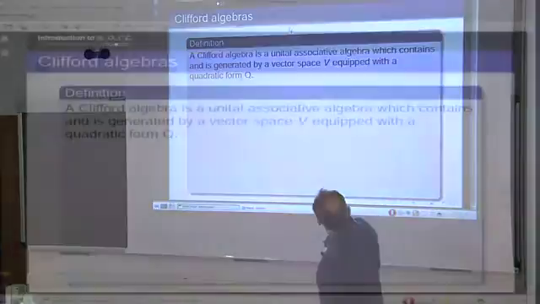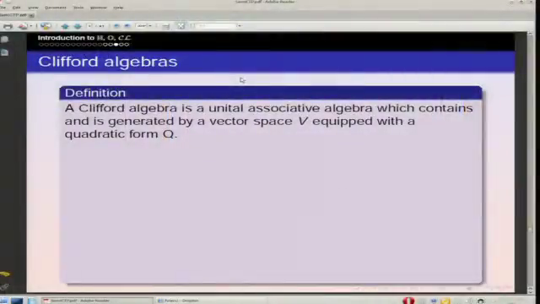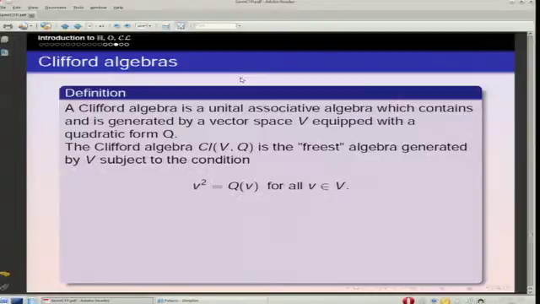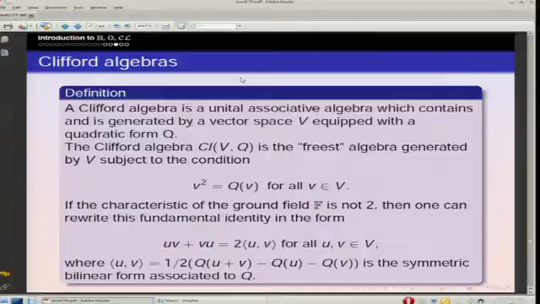You have a vector space and a quadratic form Q on it. Then you consider the freest algebra generated with this condition. The square is this. If the characteristic of the field is not 2, then you obtain this property, which gives you some fact on commutativity. This scalar product is the symmetric form associated with the quadratic form.